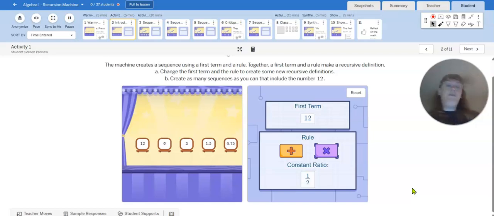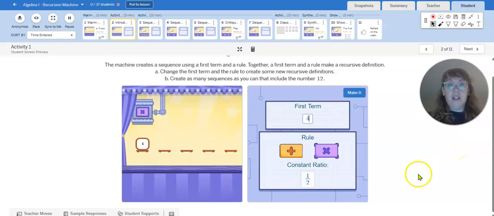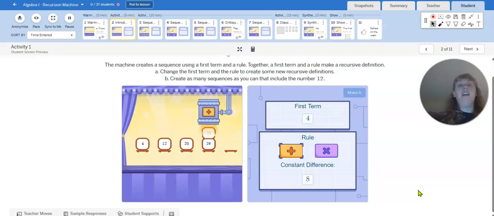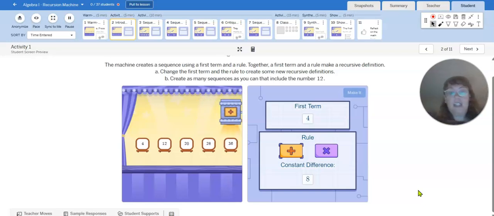So here's a sequence. That's a nice, easy way you can start with 12, and you can get 12 in the sequence. Some other things we can do is if we start with the number 4, what would we have to add to get to 12? Well, 4 plus 8 is 12, plus 8 is 20, plus 8 is 28, and plus 8 is 36.